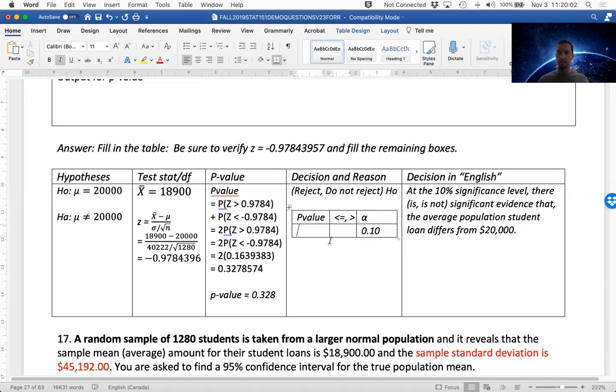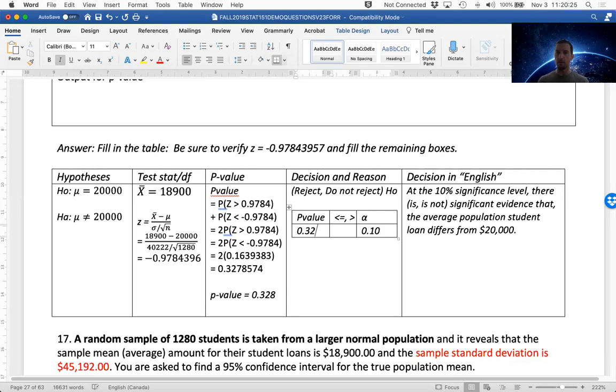Okay, so what we have covered here again are declaring the hypotheses. So we have step 1 of the test procedure. We computed our test statistic, which would be step 3 of the way I structure it. And then we computed the p-value. In the next box, we are comparing the p-value to the significance level.